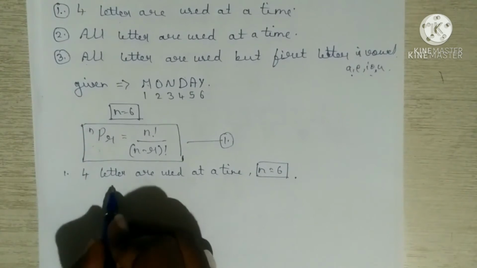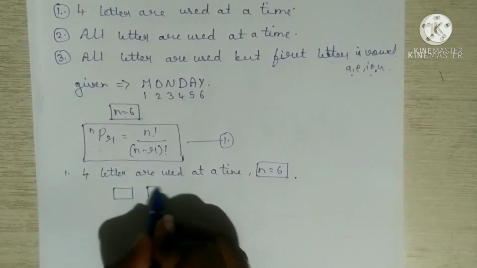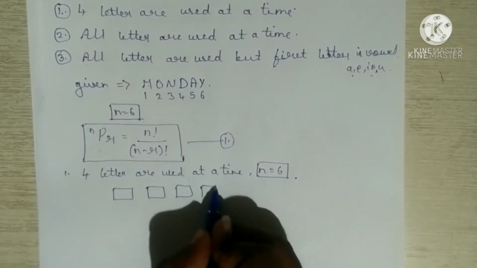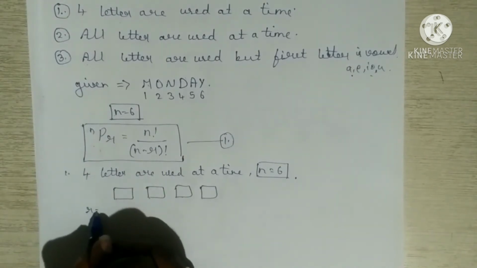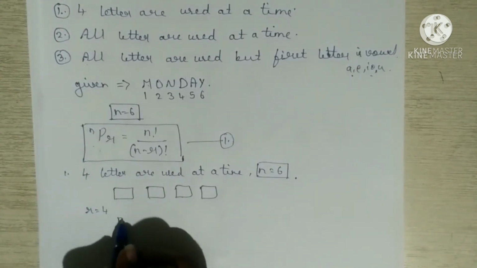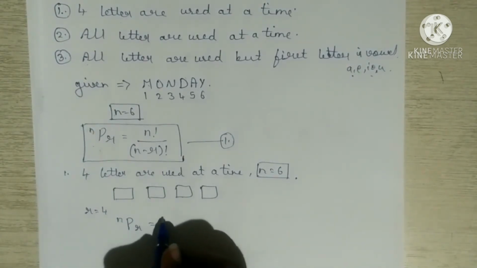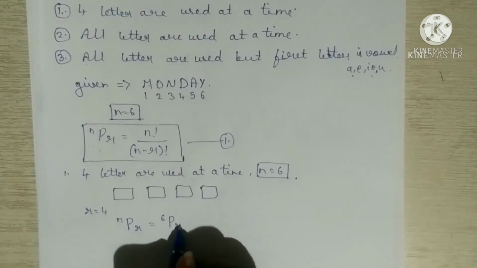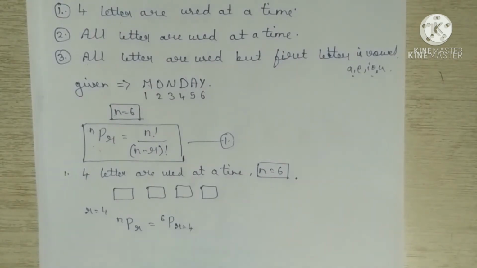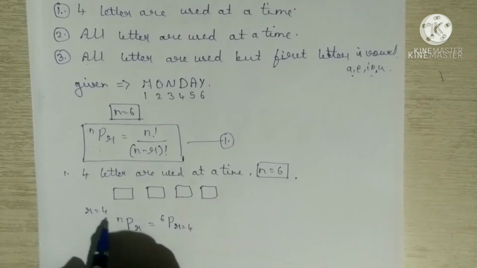4 letters means we need to fill 4 places, 1 2 3 4, so r is equal to 4. nPr is 6P4.